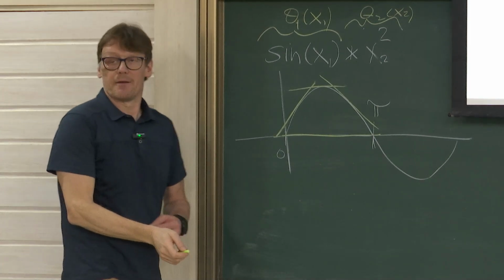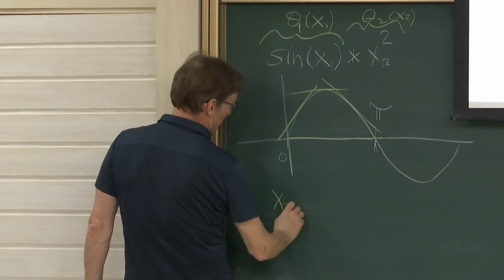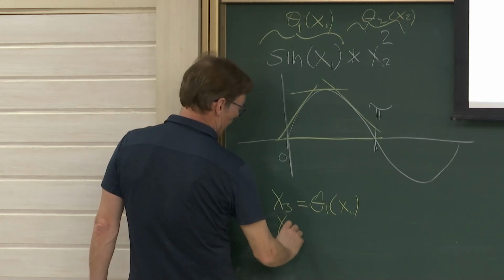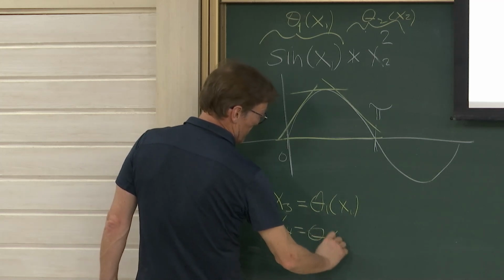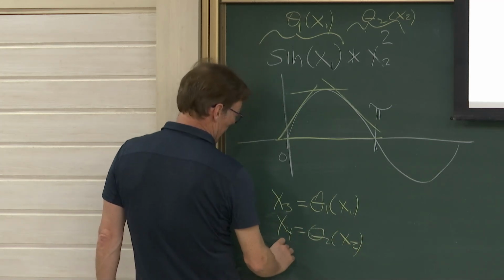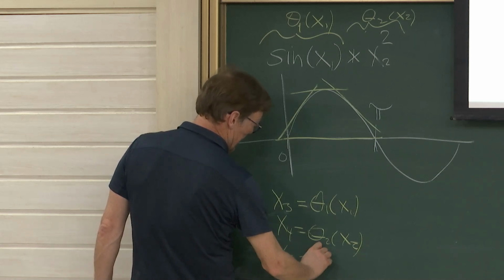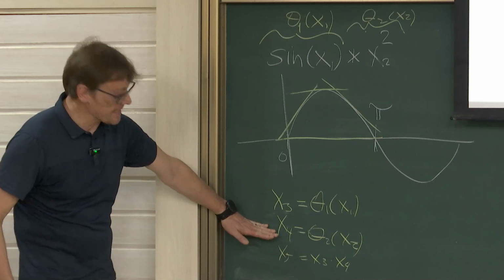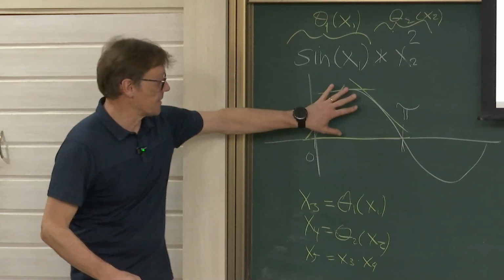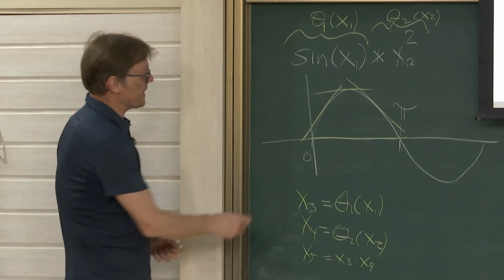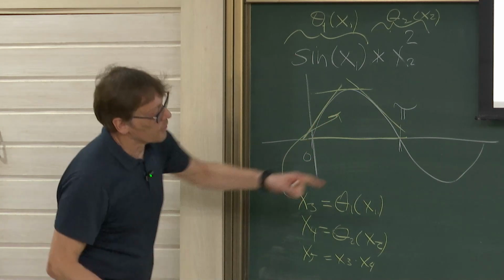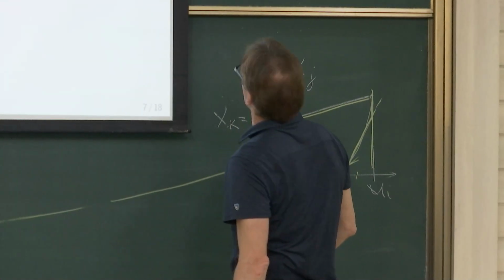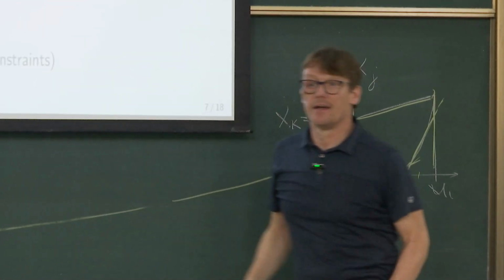I would introduce new variables: x3, which is theta 1 of x1, x4, which is theta 2 of x2, and then x5, which is x3 times x4. So I have three sets of these outer approximations that I need to create. I create this one for x3, then I go over there for this one, and for the McCormick, I need to go back up there.